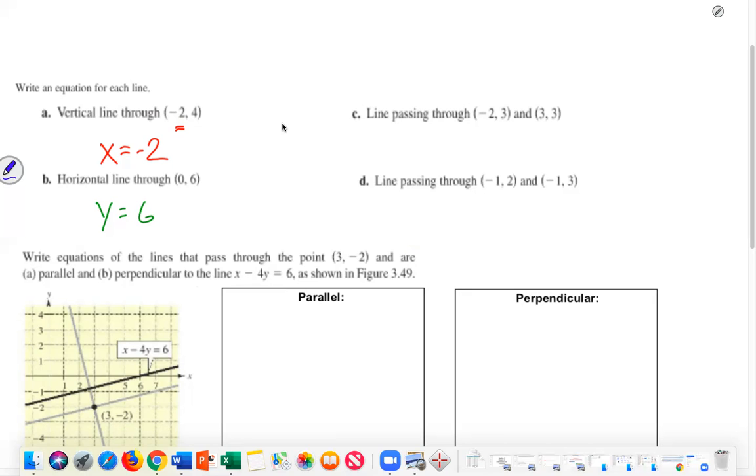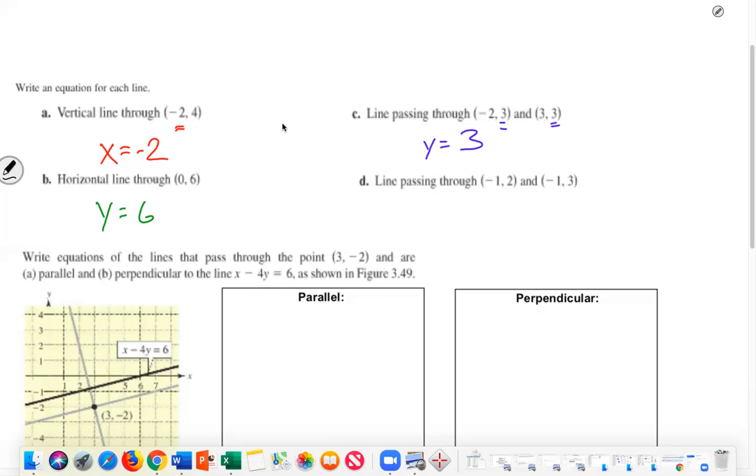Same y. Through the same y value. Huh, guess what? Y equals 3. Horizontal line. Notice the y's are the same.